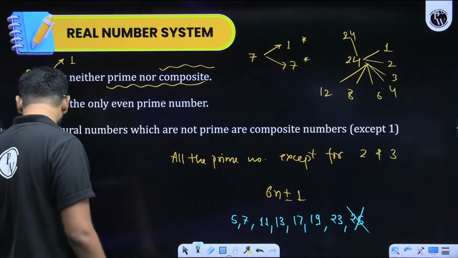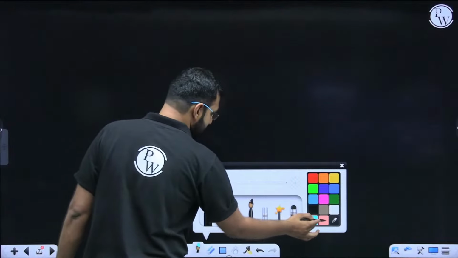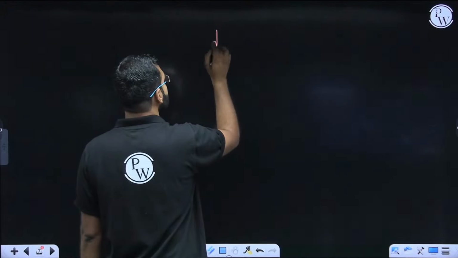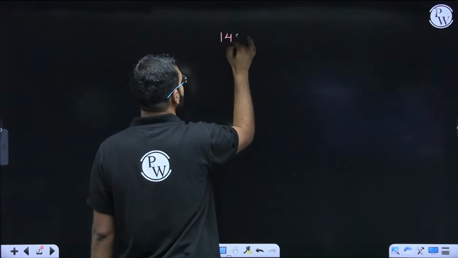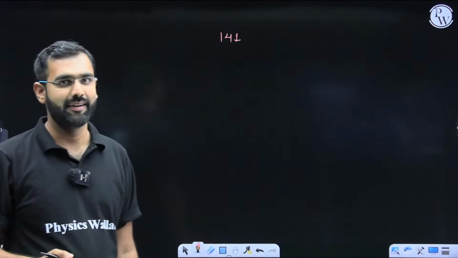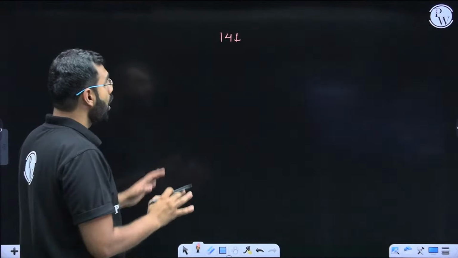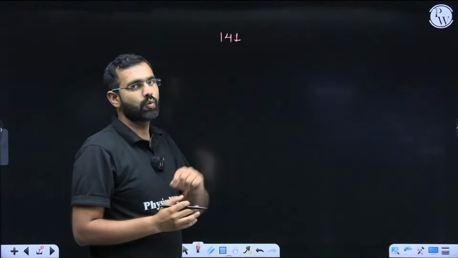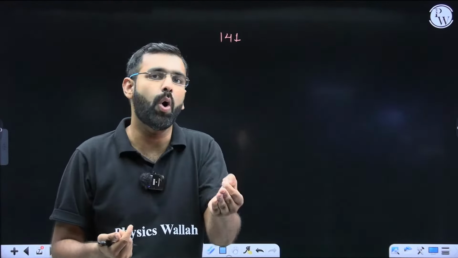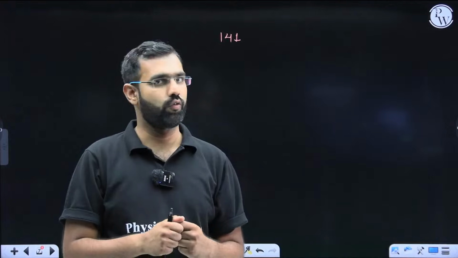Now from there, something very interesting you need to develop is how we verify or validate that a number is prime. Let's say I wish to check whether 141 is prime or not. How do I validate this? A very interesting fact is there. All you need to do is look for a perfect square which is just smaller than or equal to 141.